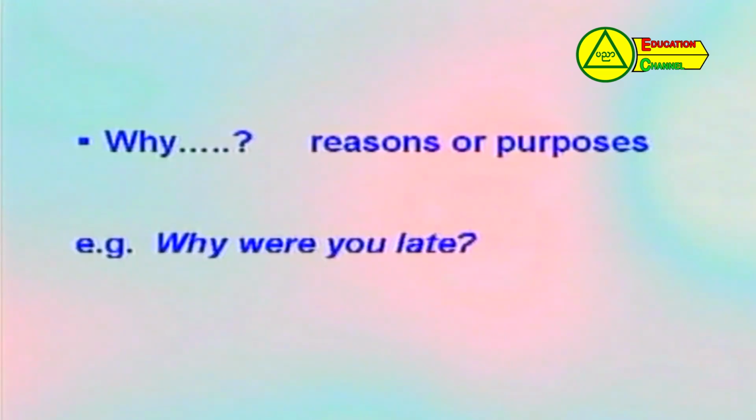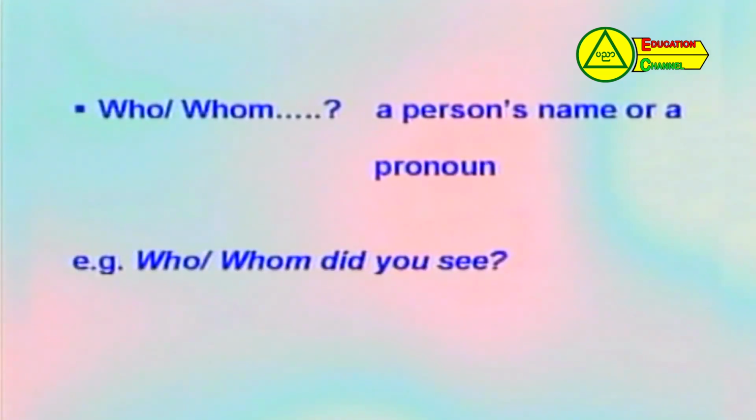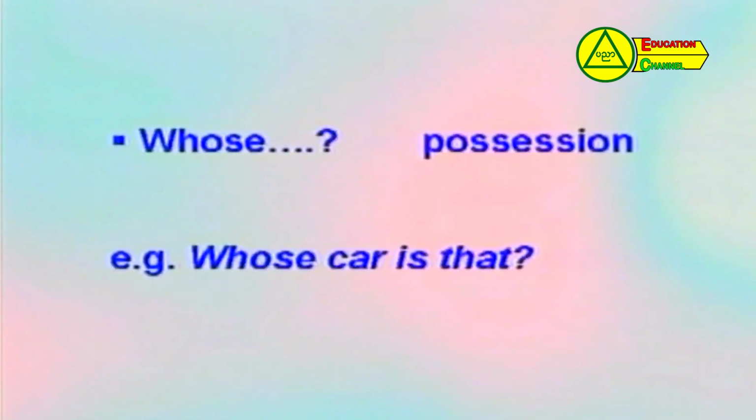For example, why were you late? Who or whom asks for a person's name or a pronoun. For example, who did you see? Whose asks about possession. For example, whose car is that?